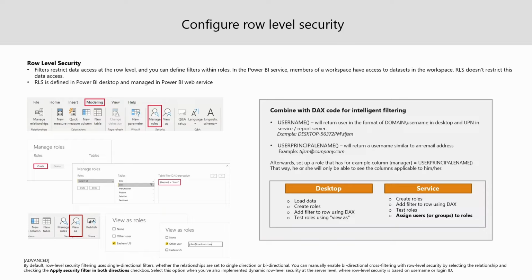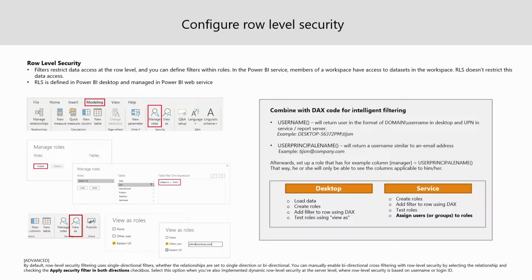So if you have certain rows that can only be viewed by certain members of your organization, you can specify these members in a column, use a DAX function to set up row level security, and then those members will be able to see the specified rows, but the others won't.